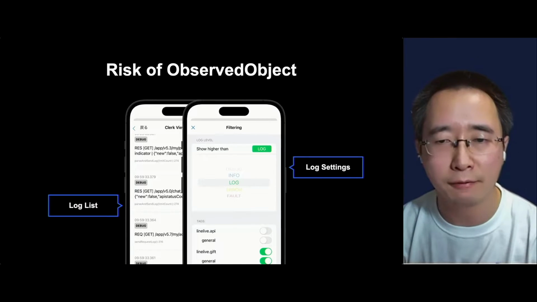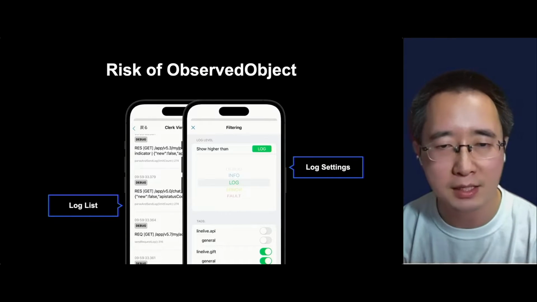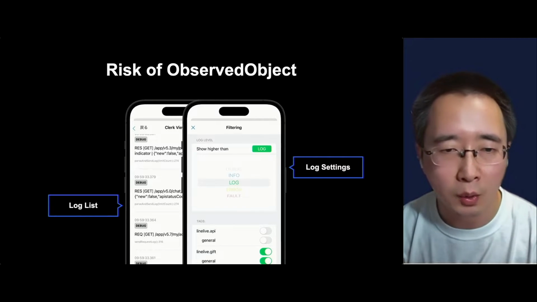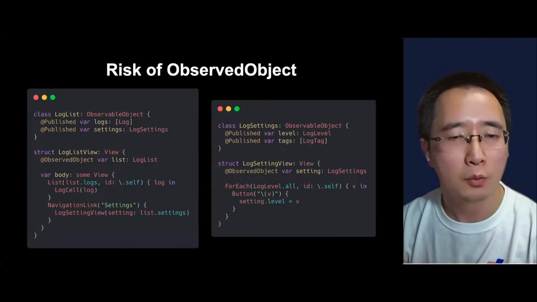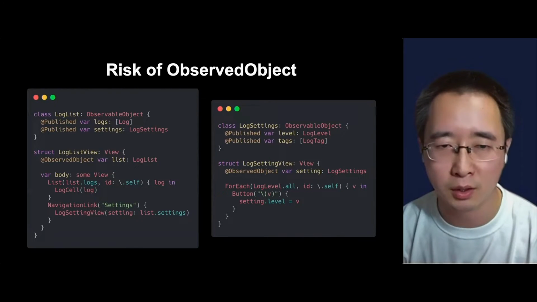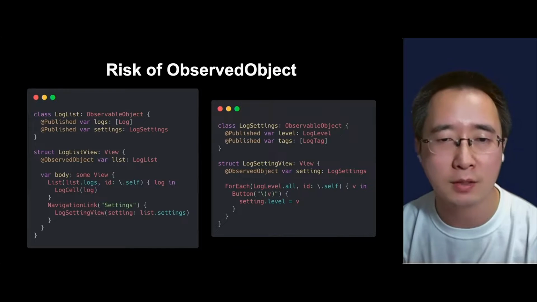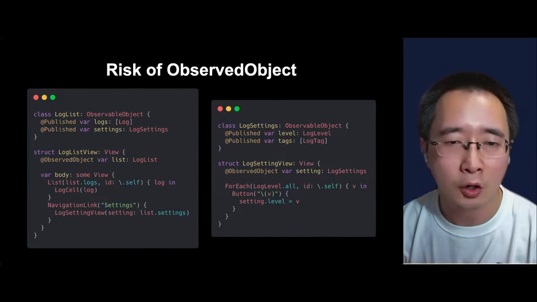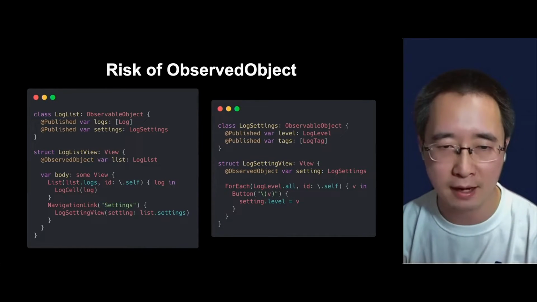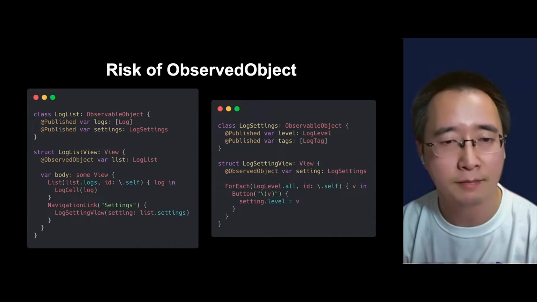However, once combined, we find that the feature settings are not passed back to the list screen, and the list content won't update. What happened? The root cause lies in how ObservedObject works. Whenever a published value changes, it sends an event out, and the ObservedObject will make the current view subscribe to that event and reflect the changes.